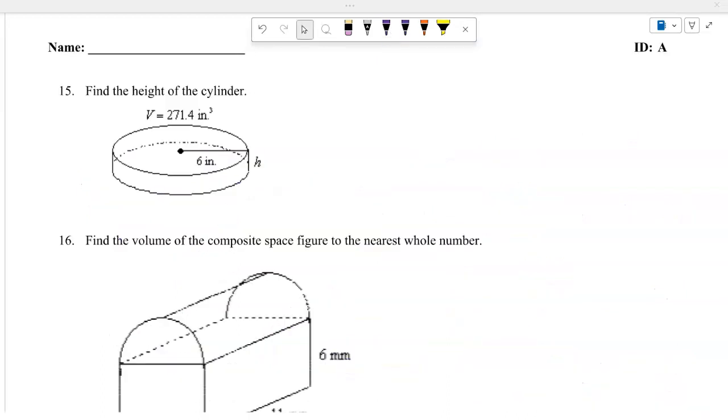Find the height of the cylinder. So you have the volume is equal to the area of the base times the height. We do know the volume. The volume is 271.4 cubic inches. We can figure out the area of the base because the base is a circle.